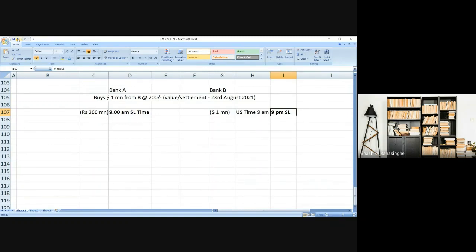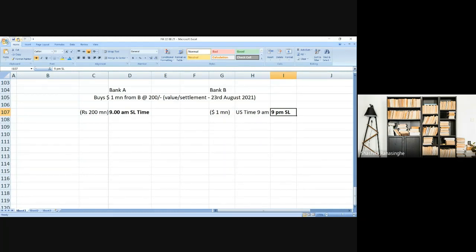If during the course of the day, after 9 o'clock Sri Lanka time, all of a sudden Deutsche Bank goes bankrupt, or Standard Chartered goes bankrupt, then either Deutsche Bank might not be able to settle to Standard Chartered, or Standard Chartered will not be there to take the money from Deutsche Bank, or both. So there's a 12-hour gap during which anything can happen. There is no guarantee that A will receive the dollars from B.